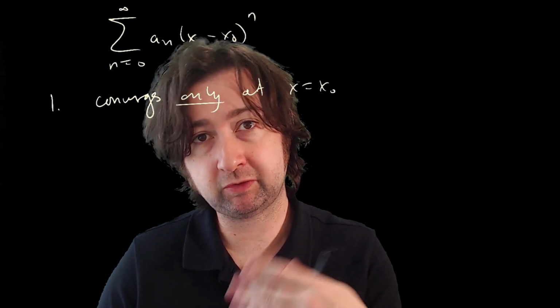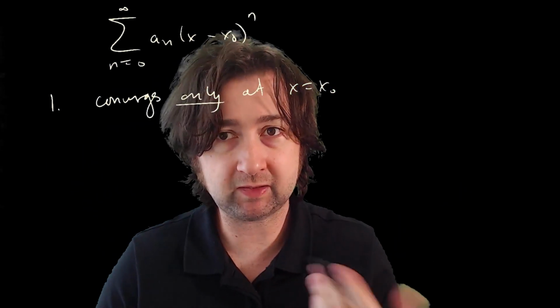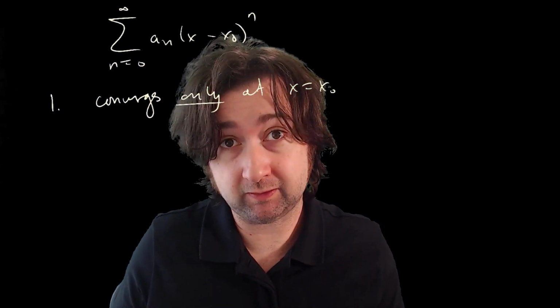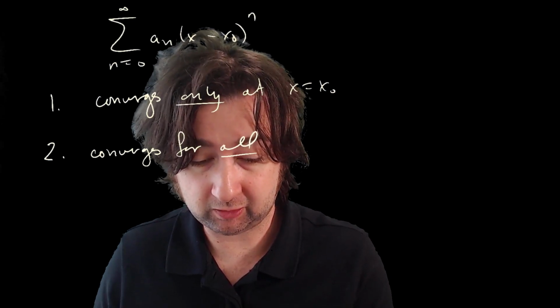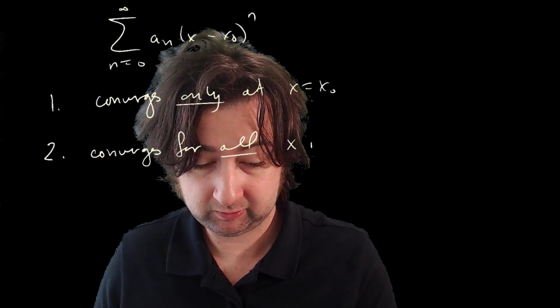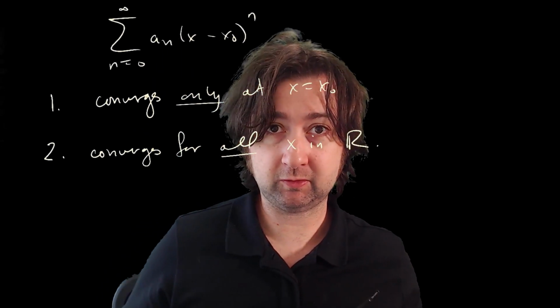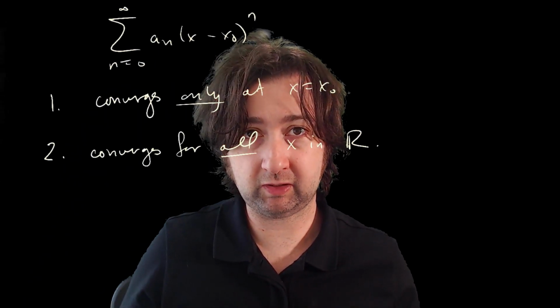It's possible that there's only a single point where I can plug something in here and this series makes sense. It could also be the case that I could plug in any x I wanted. Converges for all x in the real numbers. That's my fancy symbol for the real numbers. So any single x you choose, you plug in here and you get a series that makes sense.